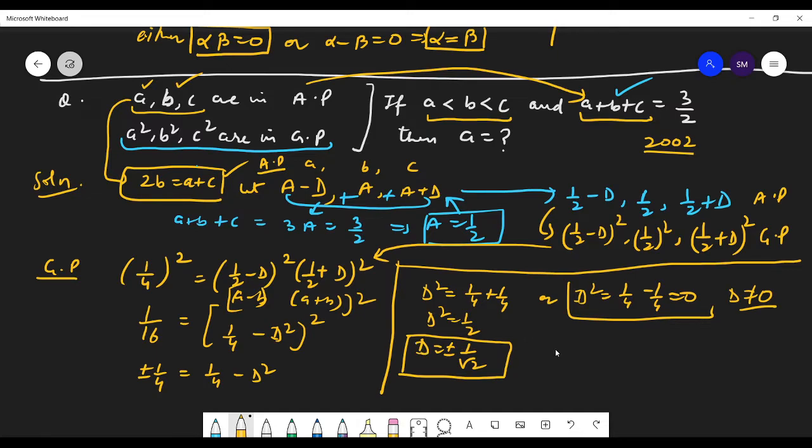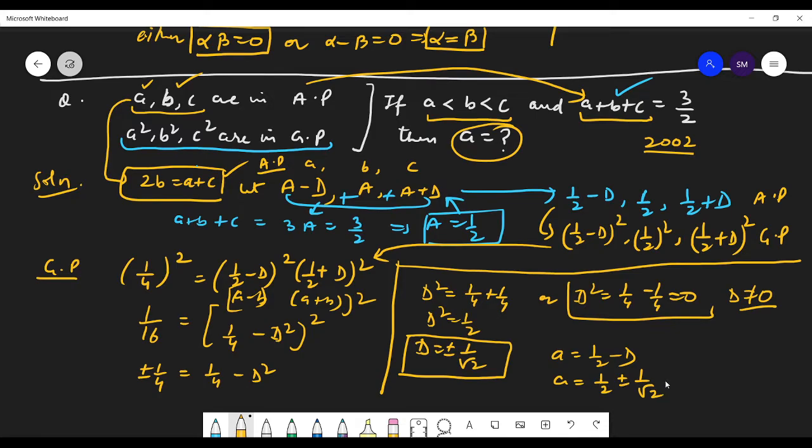So what will be your first term? You have to find the first term, that was your question. What's your A? It is 1 by 2 minus D. So that's 1 by 2 plus minus 1 by root 2. So that's your first term, students.